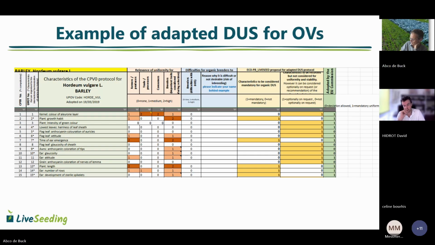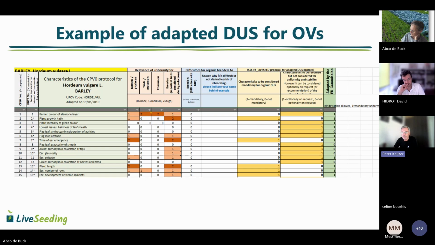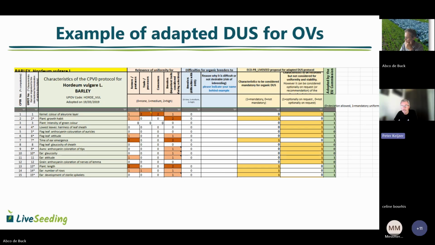Peter? Yeah, I'm not so sure about a percentage of the total number of characteristics. Looking into the various crops, you still might end up with a significant number of characteristics in which you don't have to meet the regular uniformity requirements.